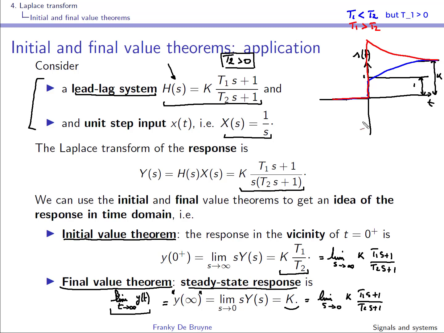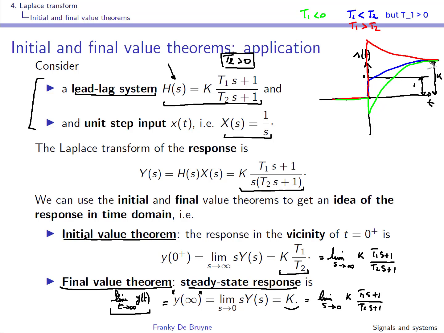And what could happen also is that t1 is negative. Then what would happen is that you have a so-called inverse response. So this is the step response of such a system when t1 is negative, and it will look like this.